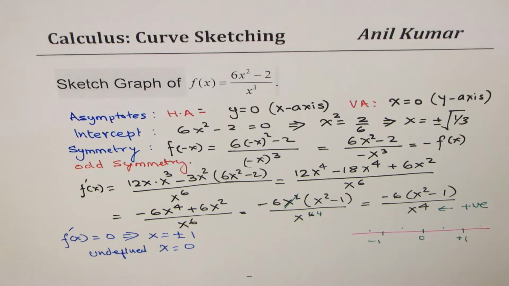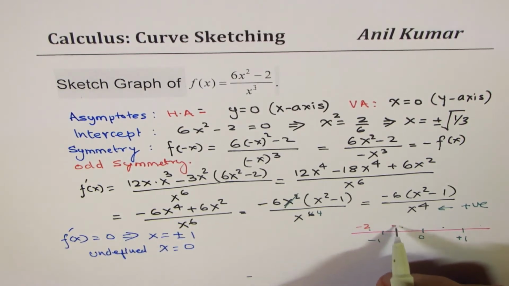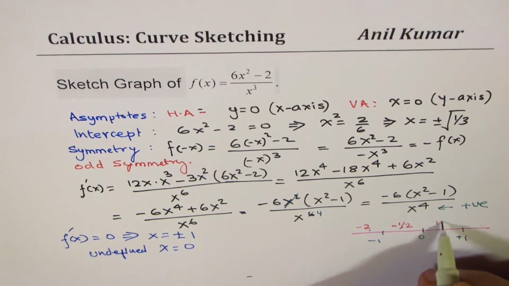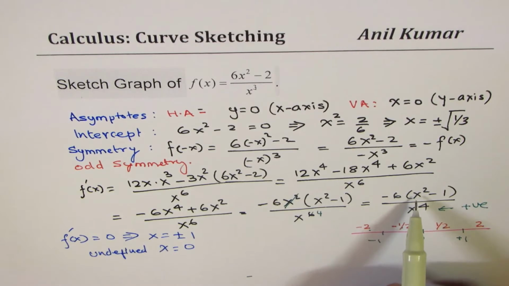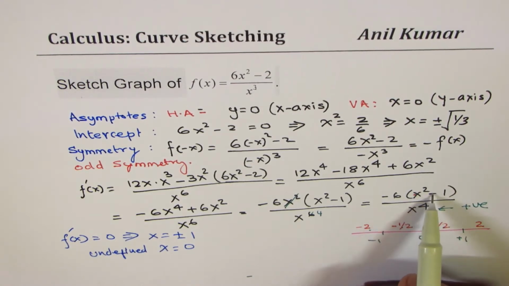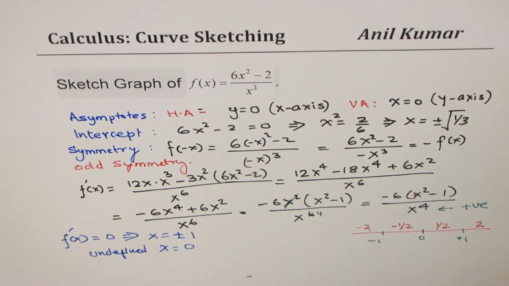If I take a value, let's say −2, we can take −1/2, we can take +1/2, and 2. If I take a value of x which is greater than 1 in absolute value, let's say −2, then this part will be positive, but this will be negative, right? So we get negative here in that interval.